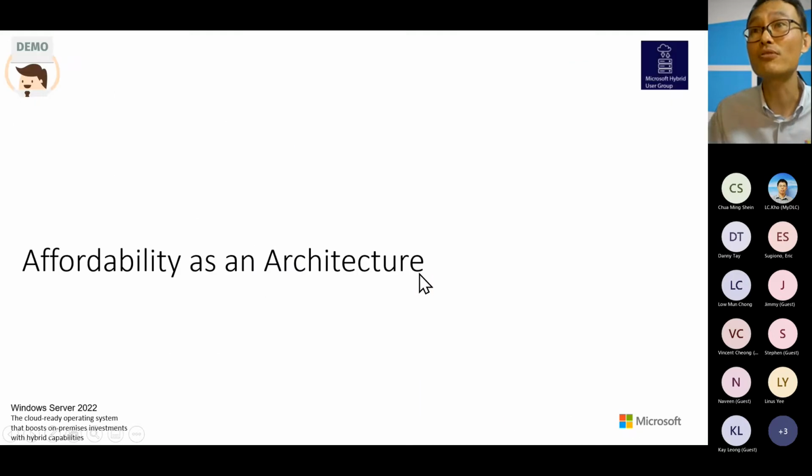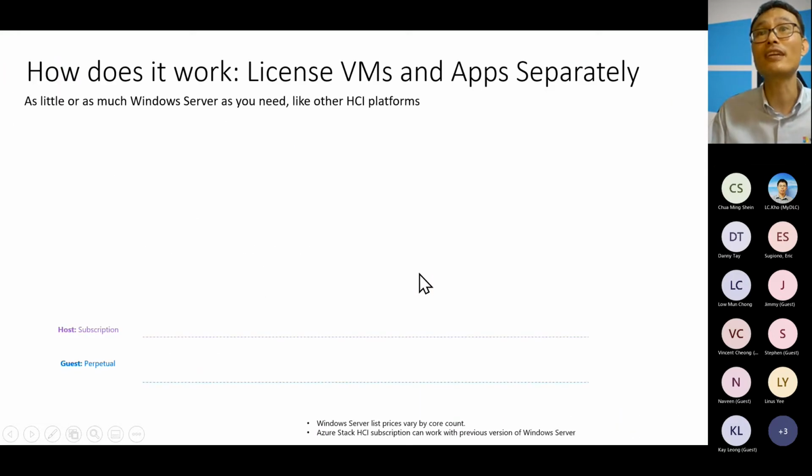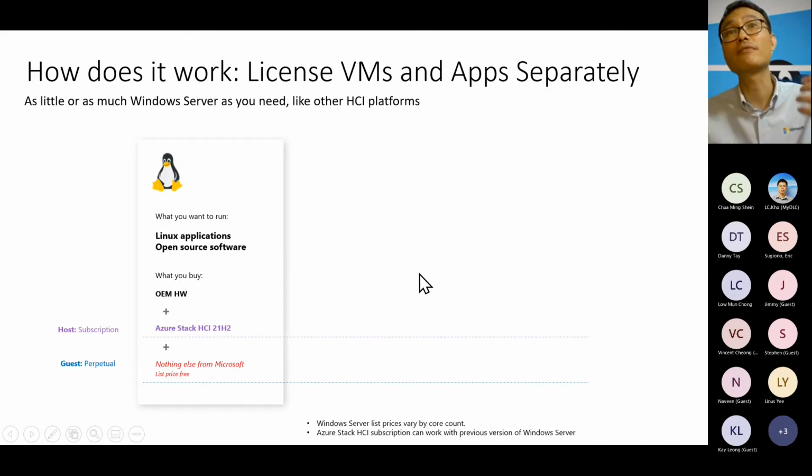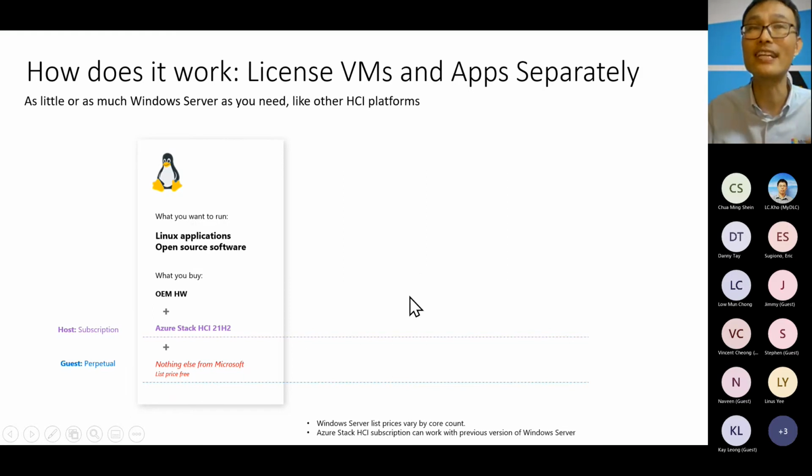But how so specifically? Let's look at it from the perspective of the Azure HCI OS, the dedicated OS portion, currently version 21H2. If you're just using it with the HPE servers, you have nothing else to pay if you're just running open source operating systems as well as applications.